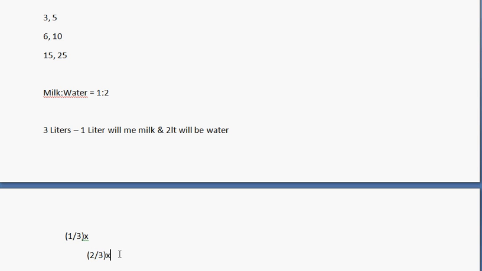So now we can find the volume of milk and water separately, but their ratio, which means their content in the solution, remains in this ratio, right? In Hindi we say ratio is anupat, right? So their anupat is the same, which is 1:2.